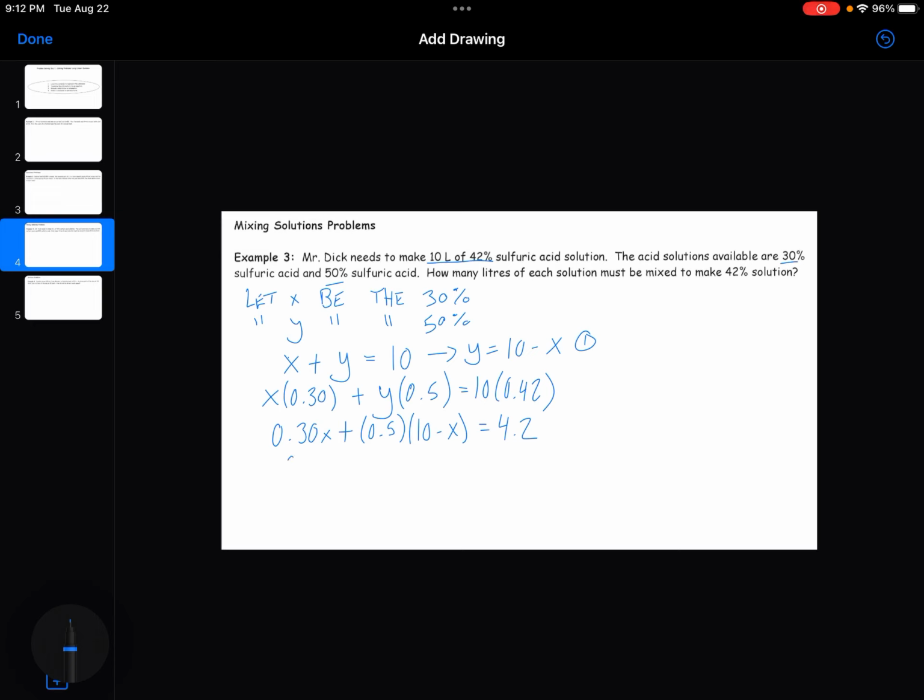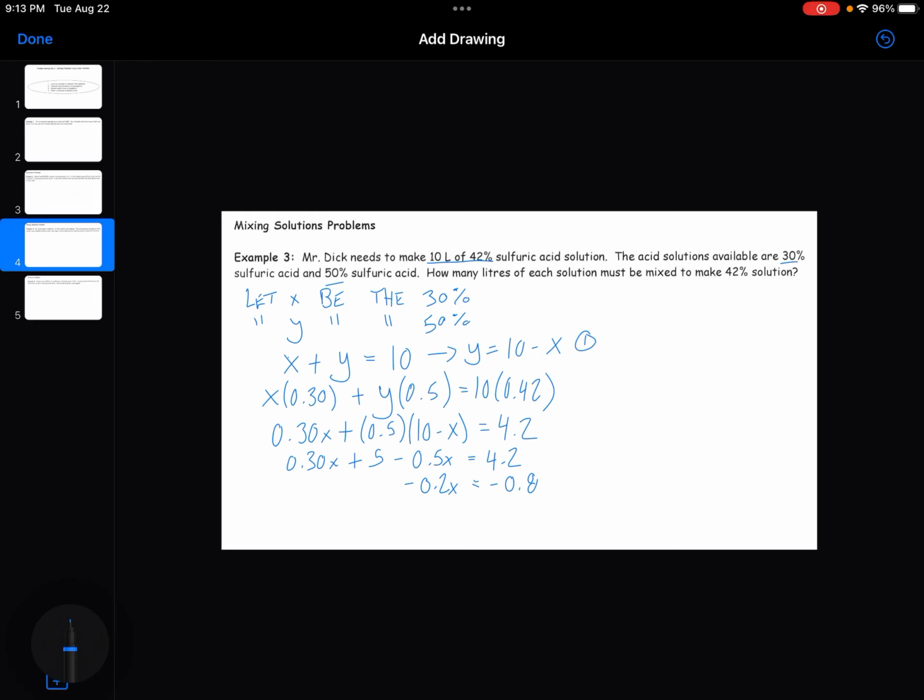So then we get 0.3x plus 0.5 times 10 is 5 minus 0.5x equals 4.2. So now we're going to get negative 0.2x equals negative 0.8. Okay, all we've done is simplified our math there.